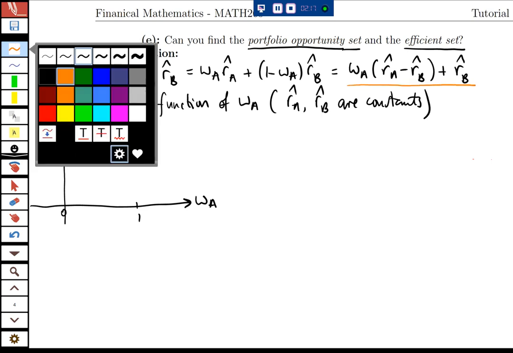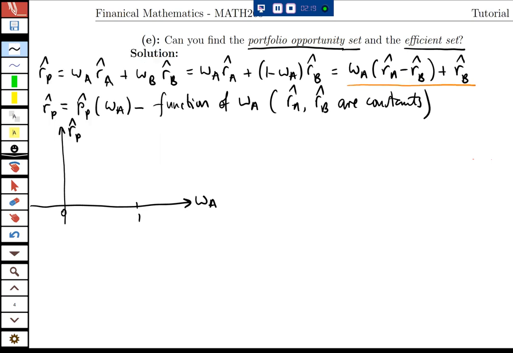This is just a straight line, goes through this value when omega A is 1. We have this value, and so we have this straight line like so.